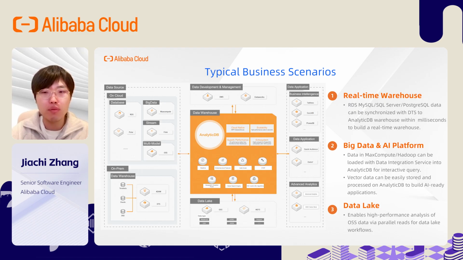The data from MaxCompute or Hadoop can be loaded for interactive queries, and vector data can be easily processed for AI-ready applications. Lastly, for data lake operations, it enables high-performance analysis of OSS data through parallel reads.